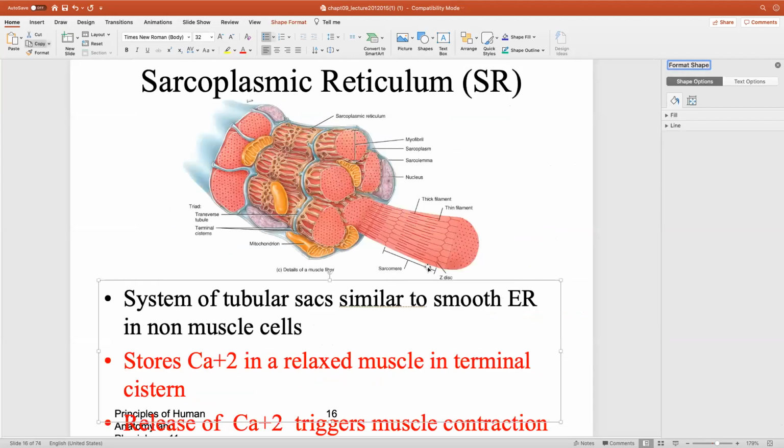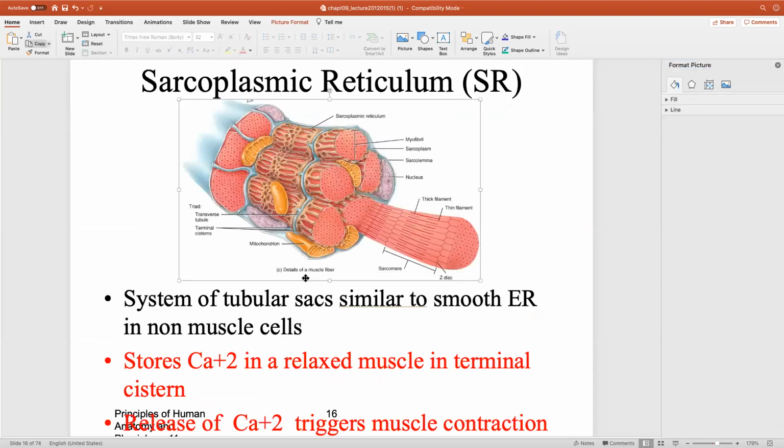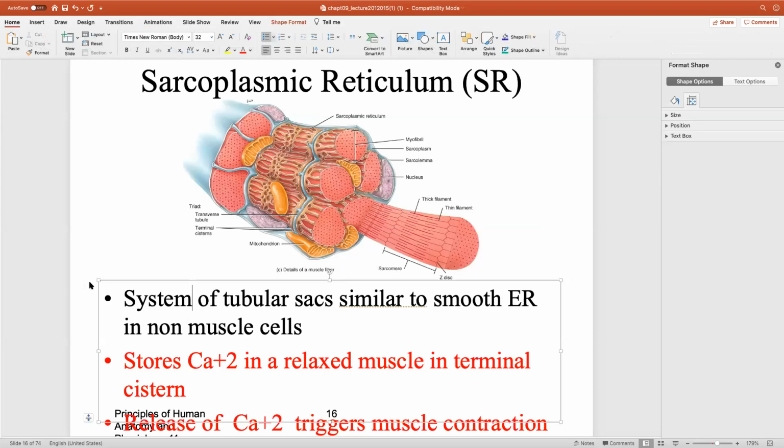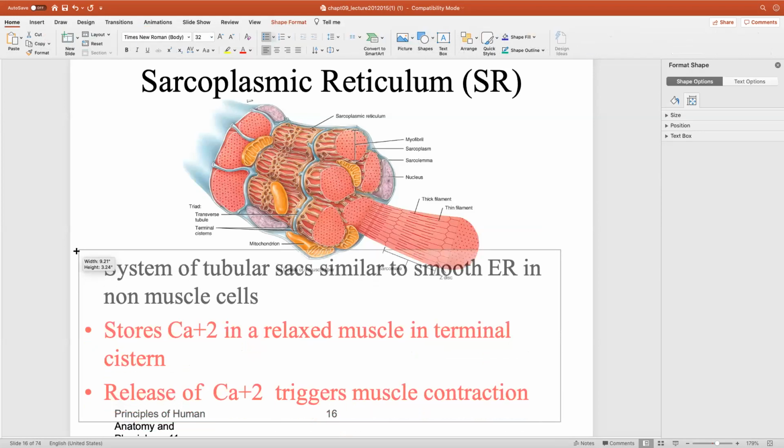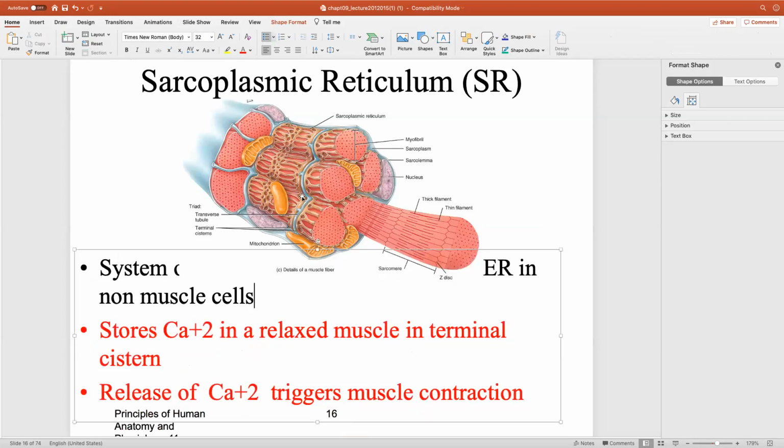It stores it here in the terminal cistern. And then this terminal cistern will release that calcium when an action potential gets triggered through the transverse tubules that are part of the triad system.